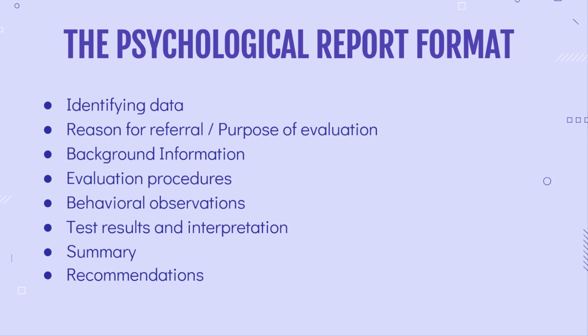Next is recommendation. After you have answered the referral question and the summary, you need to recommend a course of action for the client. For example, if it's for educational purposes, or for the client to get to know himself or herself better. If you have certain findings that they need to seek help or therapy, you need to put it there.